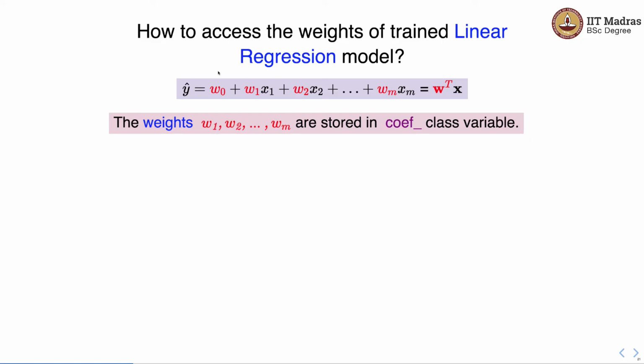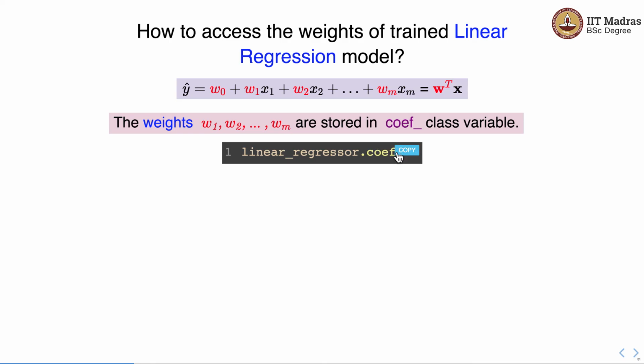As part of the training process, we learn the weight vector, that is the weights w0, w1, w2 all the way up to wm. The weights w1 to wm are stored in the coef_ class variable of the linear regression object. We can access that by simply calling the coef_ member variable on the linear regressor object.